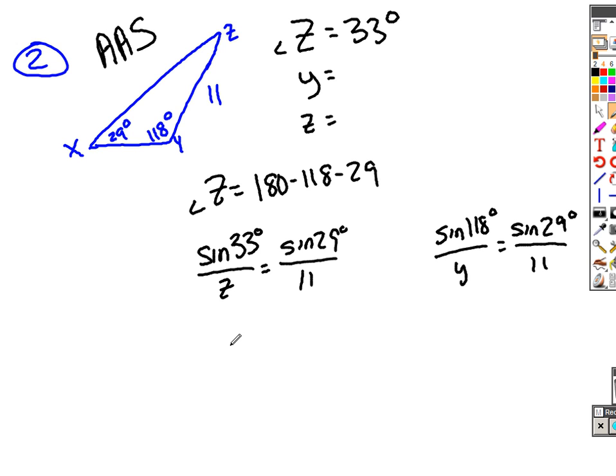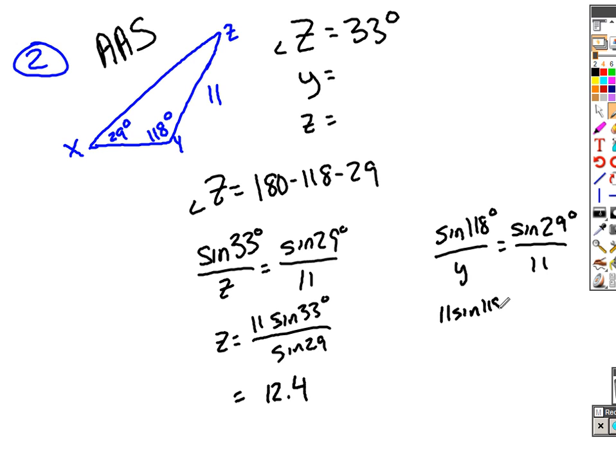I'm going to end up getting that z will equal 11 times sine 33 over sine of 29. And that's going to calculate out to about 12.4. And same thing here. Cross multiply: 11 sine 118 equals y sine 29.